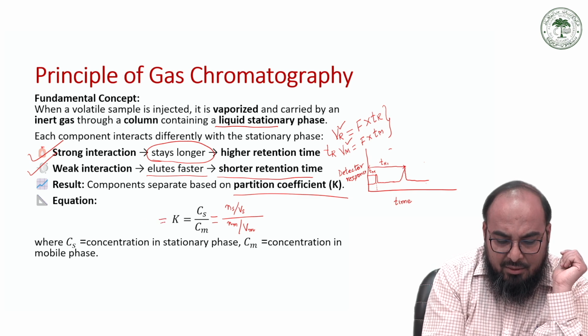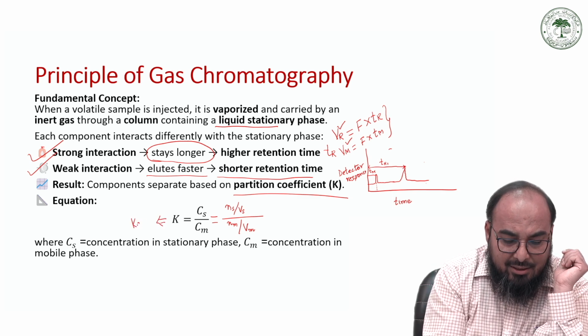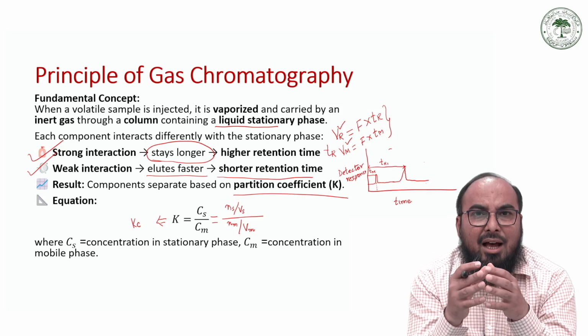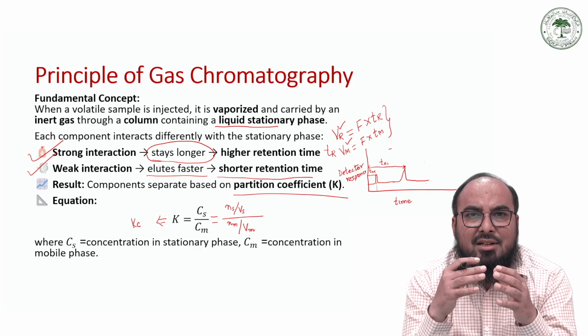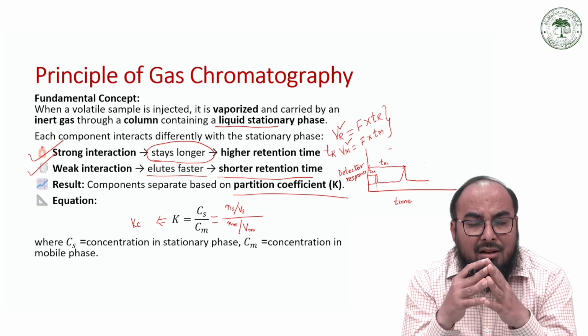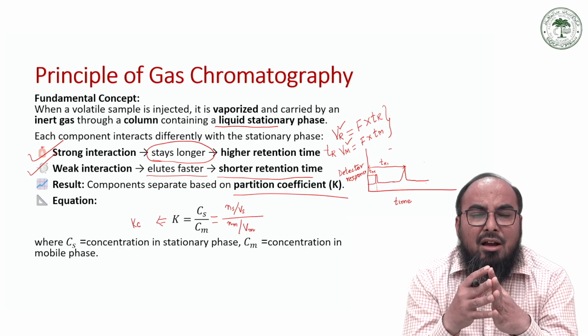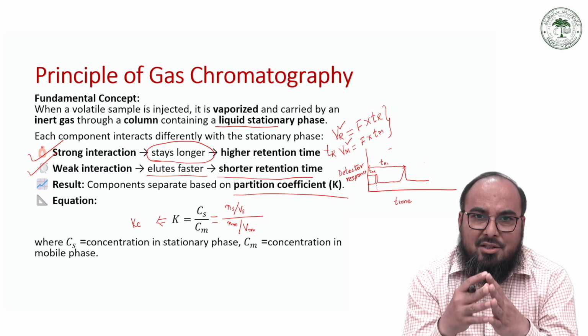This is also called the distribution constant. Sometimes it can also be replaced by Kc, because it is the equilibrium of the solute molecules between the stationary phase and the mobile phase. Here your solute molecules are of course the volatile components.